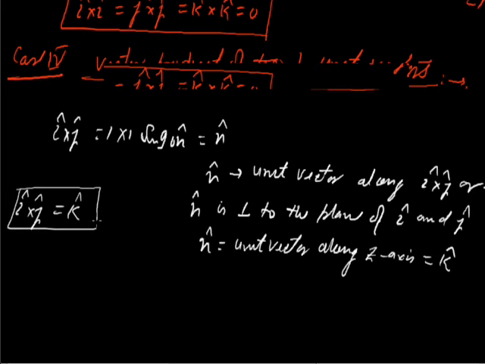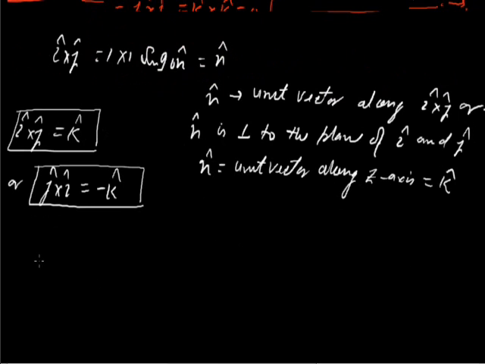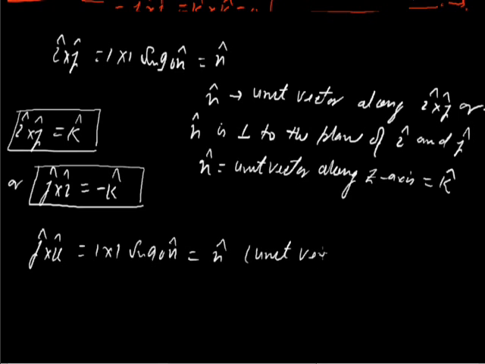We know that i cross j is minus j cross i, so we can also write j cross i will be minus k. Same thing, j cross k will be 1 into sine of 90 n cap, that's only n cap, the unit vector along the x-axis, that's i cap.